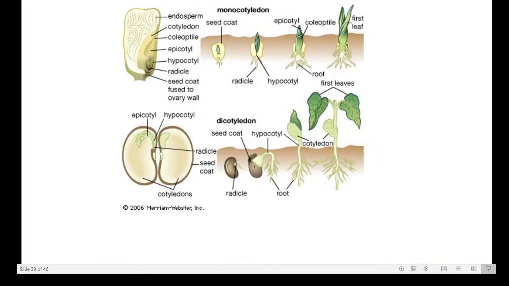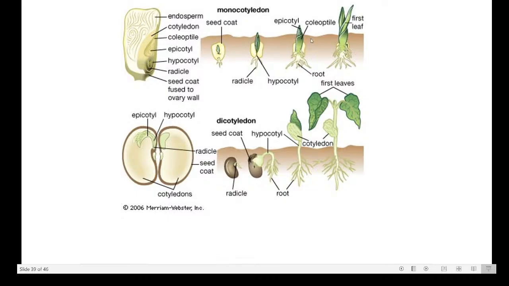Okay, this is another part of the propagation process. We have to mention this, because there are two types of plants germinated from seed: dicotyledon and monocotyledon. In a dicotyledon seed, the seed coat is released. After that, the radicle and hypocotyl develop.